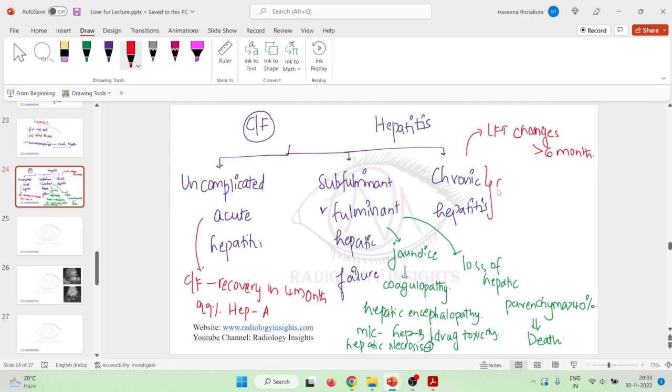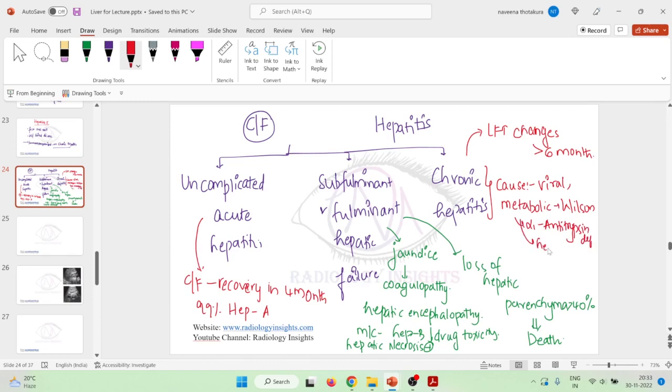This can occur due to viral causes or metabolic causes. In the metabolic causes, we can have Wilson's disease or alpha-1 antitrypsin deficiency.